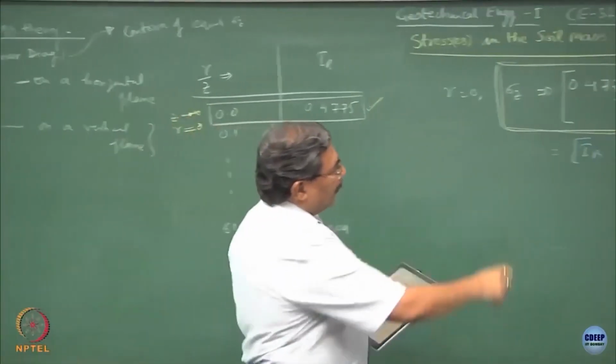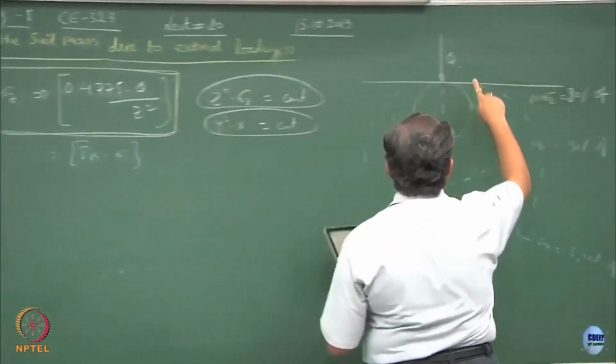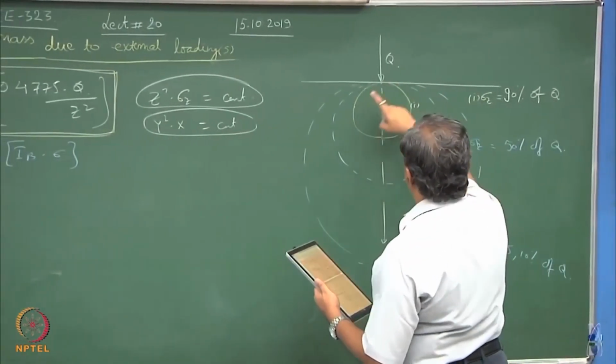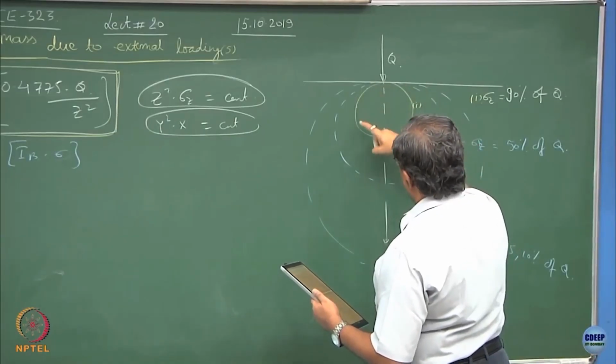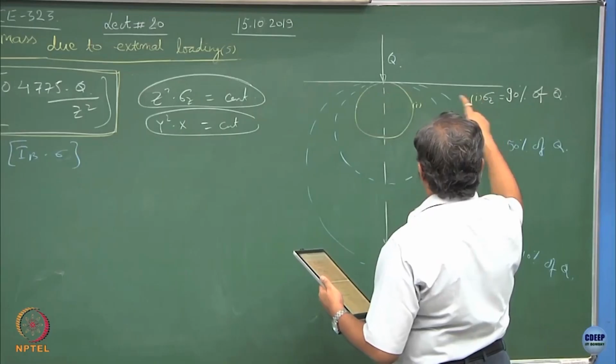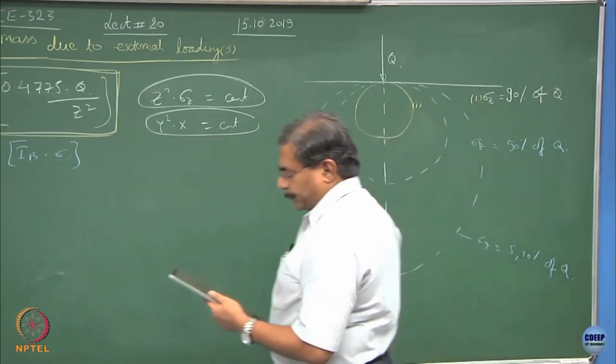So, IB is a function of R and Z. Basically the contours of these pressure bulbs, which we sometimes call isobars, are inclusive of R and Z, and they depict the state of stress, alright.